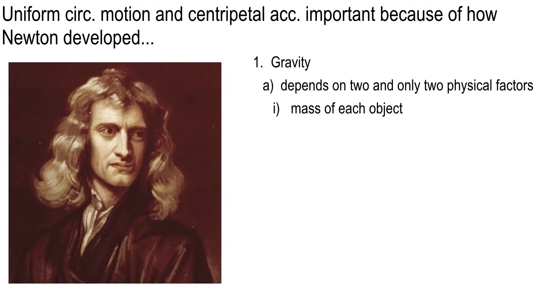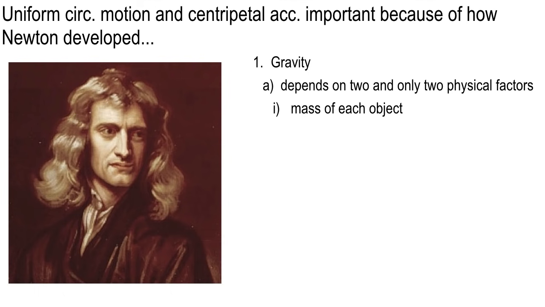The accelerations were in the ratio 9.8, and then the acceleration of the moon was 1/3600th of that. And 1 over 3600 is 60 squared. And Sir Isaac Newton said, you know what? I do not think that is a coincidence. And that's how he decided to develop his theory of gravity.